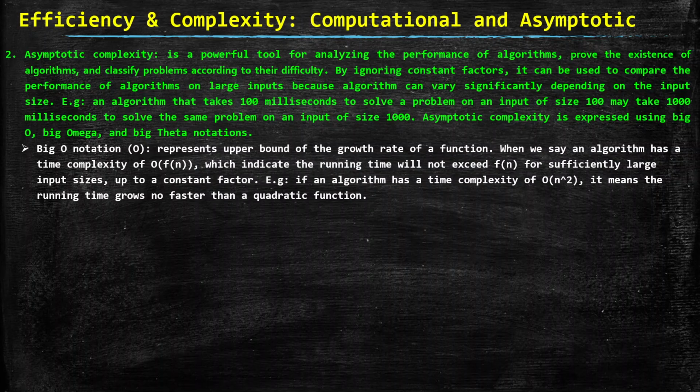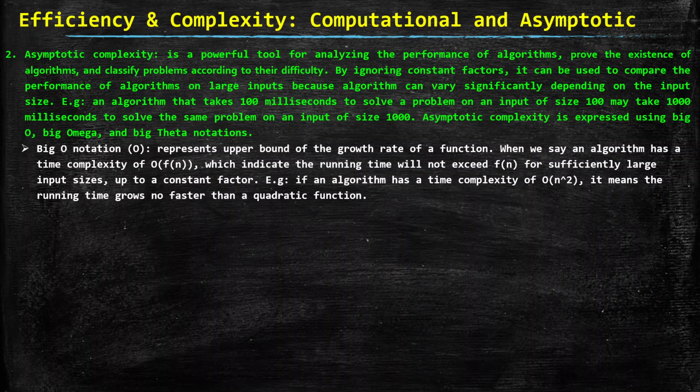When we say an algorithm has a time complexity of big O of a function, it indicates that the running time will not exceed that particular function, because this is the upper bound, meaning the worst case, for significantly large input size, up to constant factors.